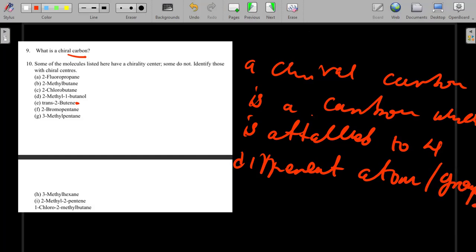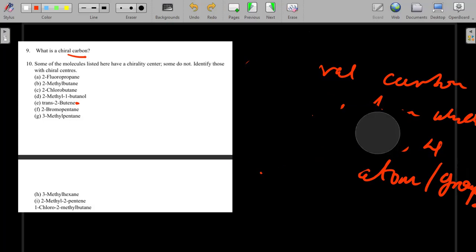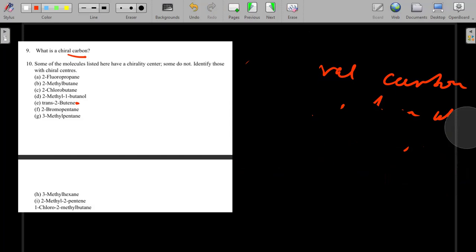A chiral carbon is going to be a carbon which is attached to 4 different groups or atoms. So the main term there is you having 4 different groups or atoms attached to a carbon. Let me give you an example of 2 carbons. Let's say you have this carbon.